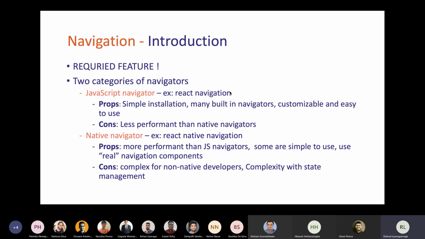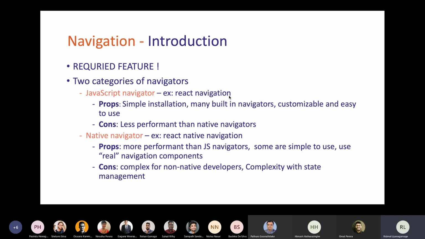The main, popular library for the JavaScript navigator is React Navigation. React Native also recommends this navigation, so we will move forward with that library on the next slides. The other part is the native navigator, which is handled through the native components, so it's faster than the JavaScript navigators. But the problem is that for non-native developers, it's hard to install and hard to use.